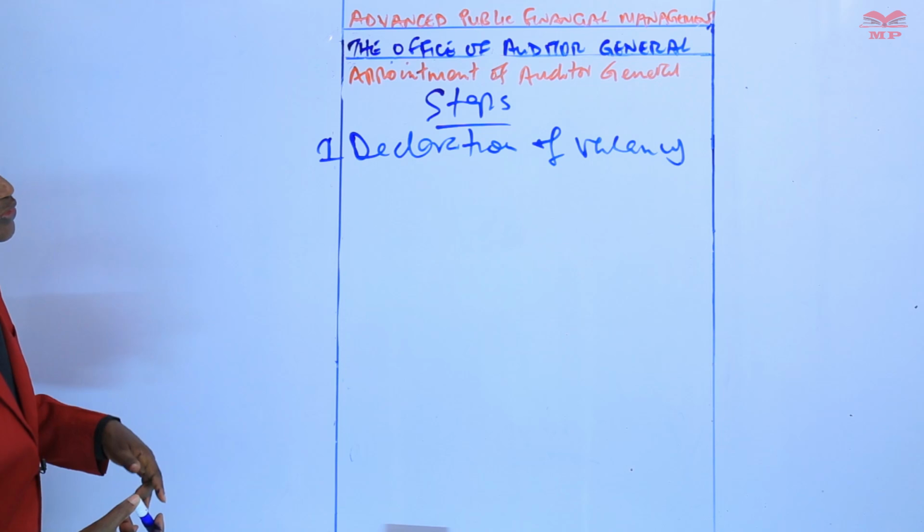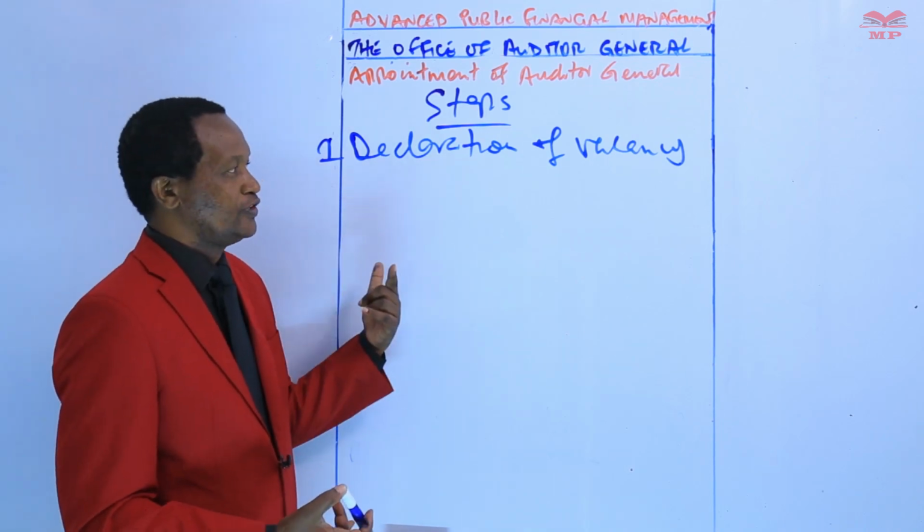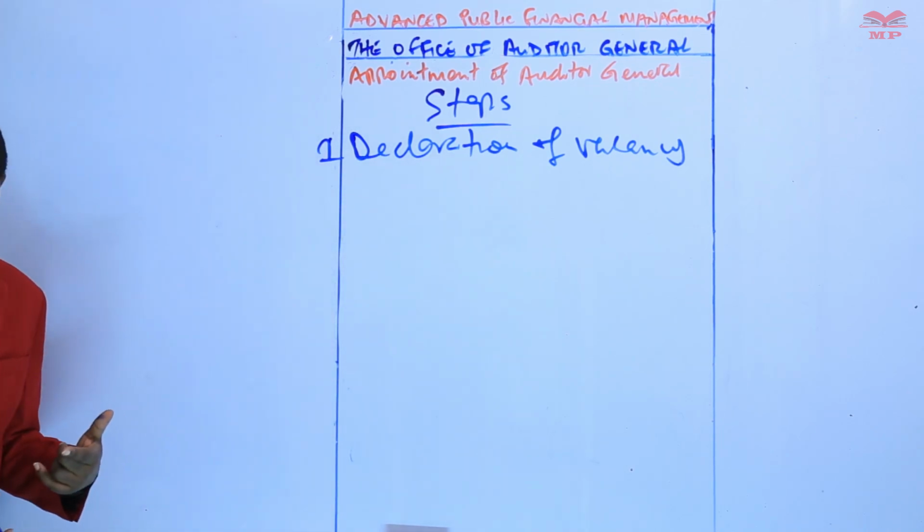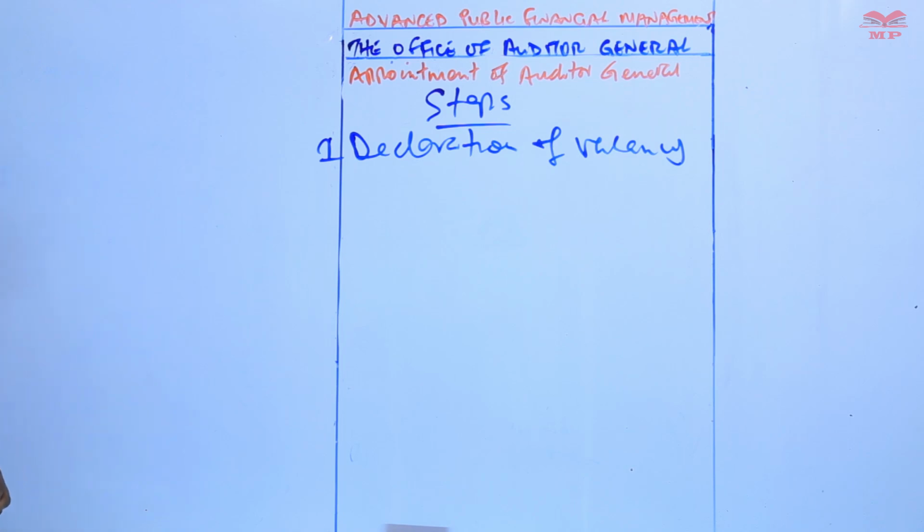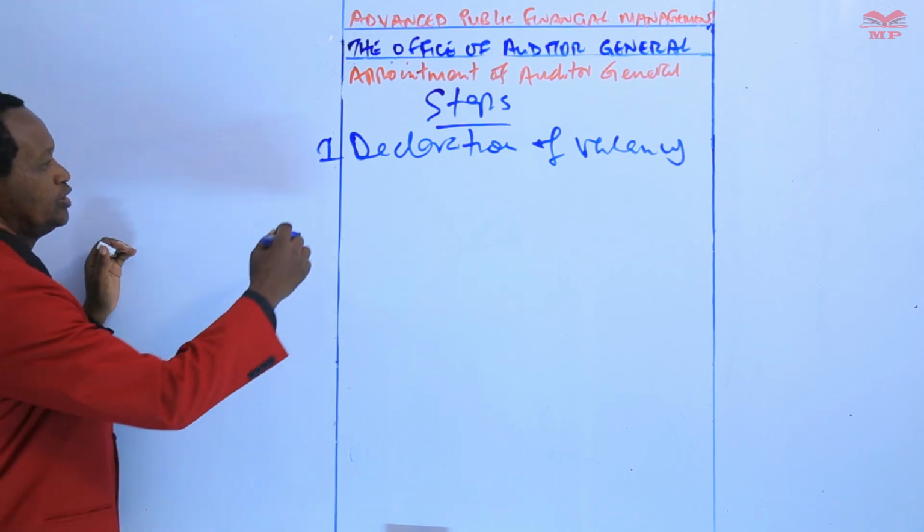The President has to declare that that office is vacant. That's the first step.